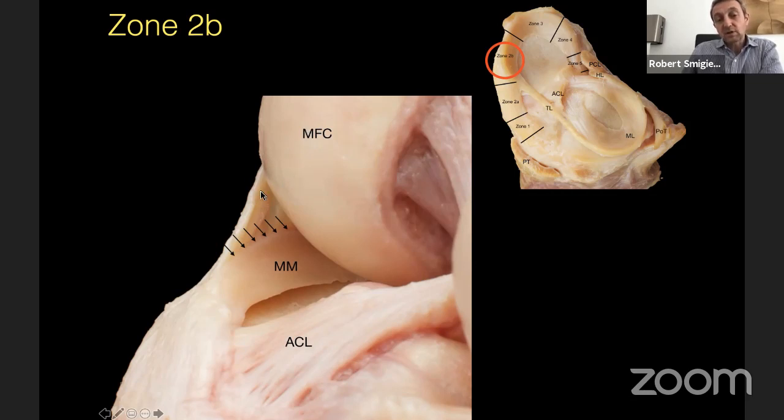Sometimes we can talk about the meniscofemoral ligament, which I will show later on, but also some fibers of the deep MCL. There is no direct attachment to the femur in zone 2B.